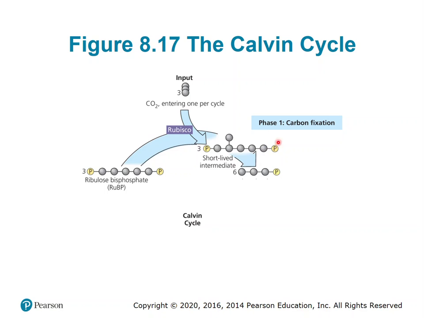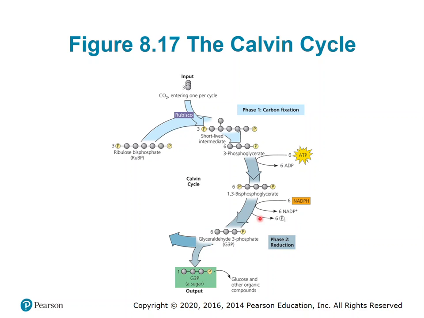This catalyzes the formation of a 6-carbon molecule, which is very short-lived and unstable, and immediately breaks into 2 3-carbon molecules. Those 2 3-carbon molecules now move into the reduction phase. In the reduction phase, the 3-carbon molecule is reduced to G3P, the product that eventually forms glucose. G3P is glyceraldehyde 3-phosphate.